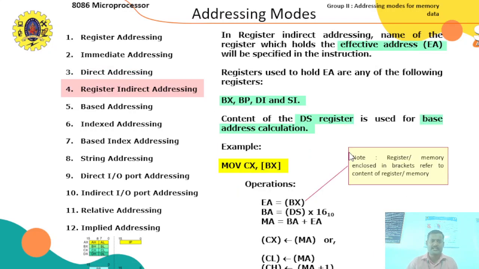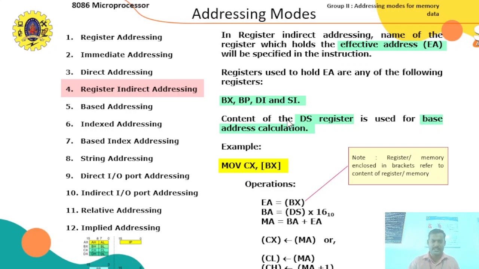Look at the next addressing mode, register indirect addressing mode. Here the address is specified indirectly by using registers. The registers used are the BX register, the base pointer BP, the destination index DI or the source index SI. Any one can be used.